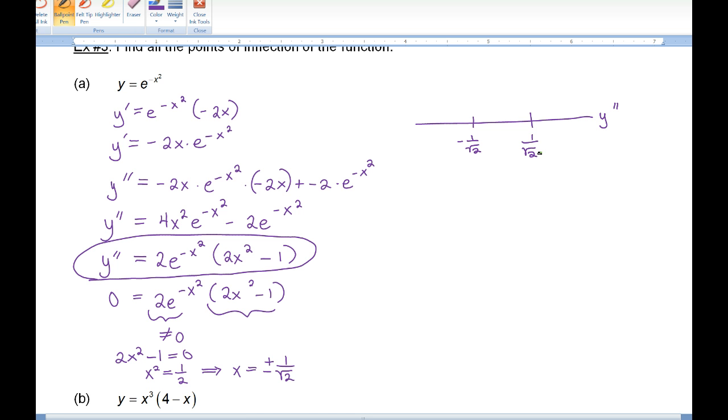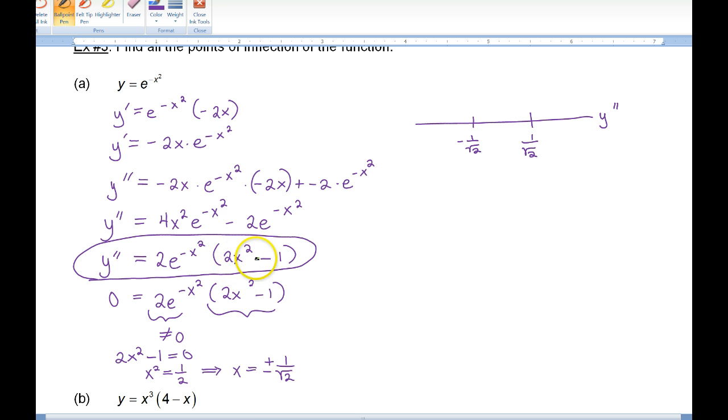I can pick something to the left of negative 1 over root 2. It doesn't really matter. You can pick negative 2 and plug that in. Now keep in mind, this part here is always going to be positive. So we're really just looking at the 2x squared minus 1.